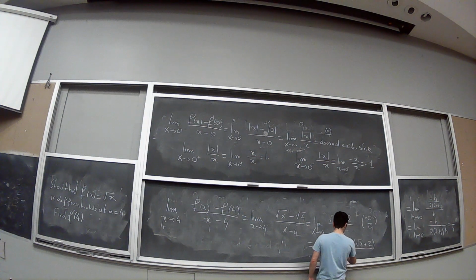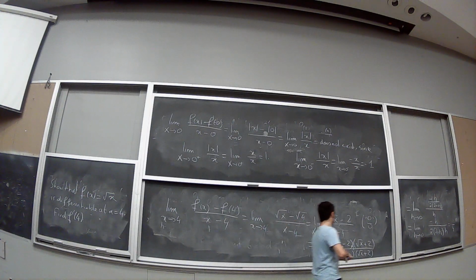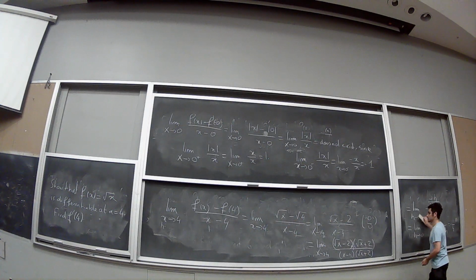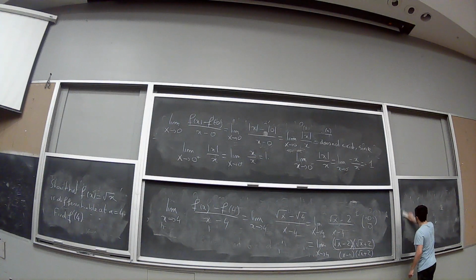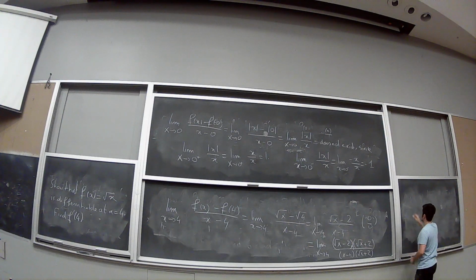Over x minus 4 times root x plus 2. What happens here? The top becomes x minus 4.